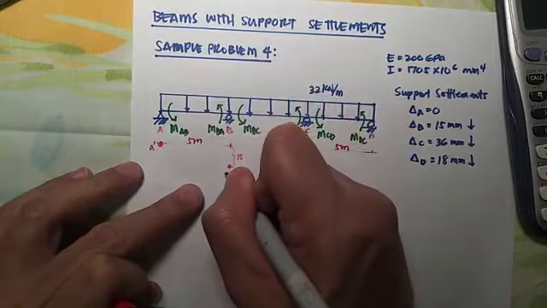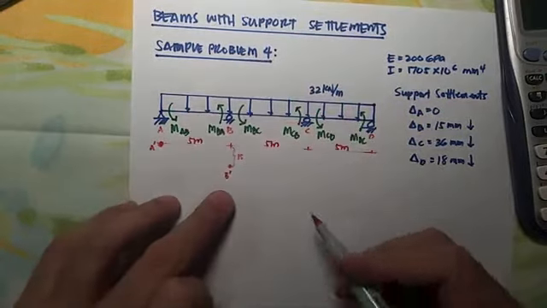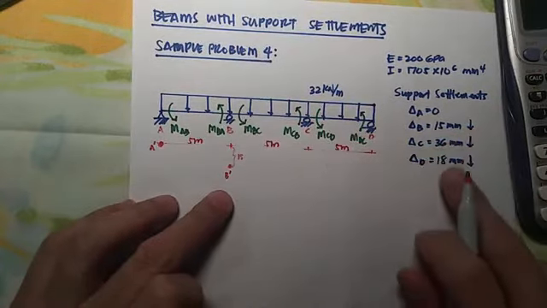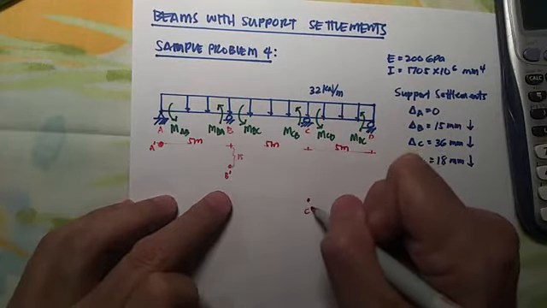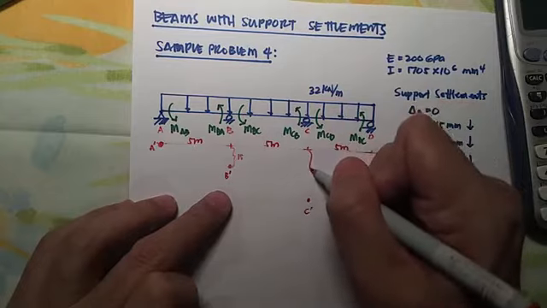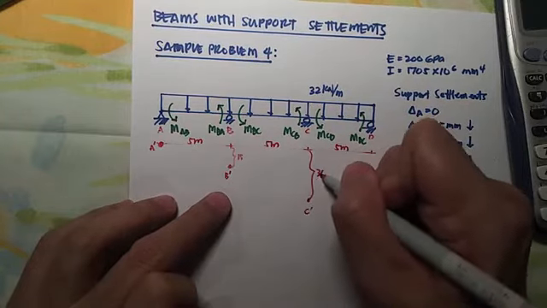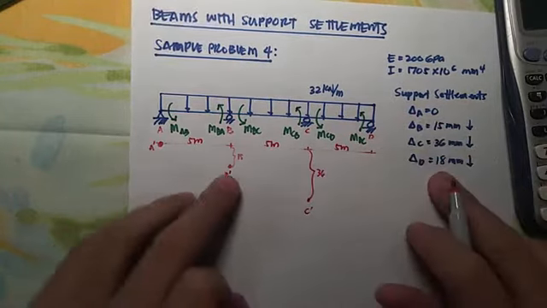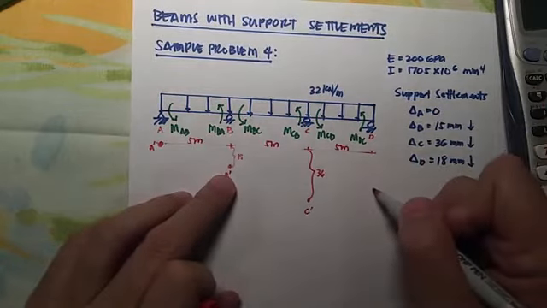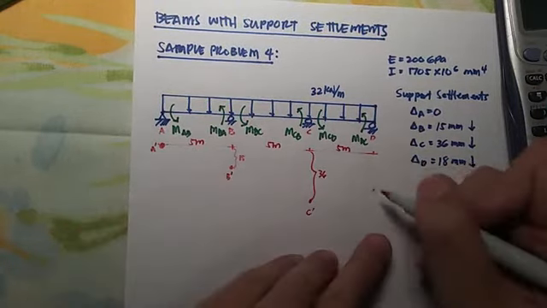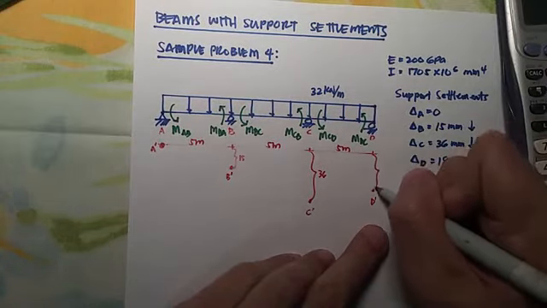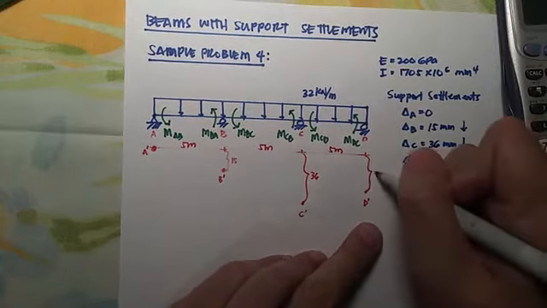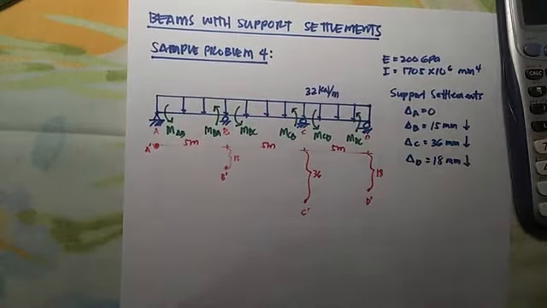Say this is B prime, the final position of support. And yung C yielded 36, so somewhere here. So here is point C. The vertical distance here is 36. Then yung D naman, kung ito 15, siguro yung 18 nandito. This is the final position of point D. So this is the displacement of 18 millimeters.